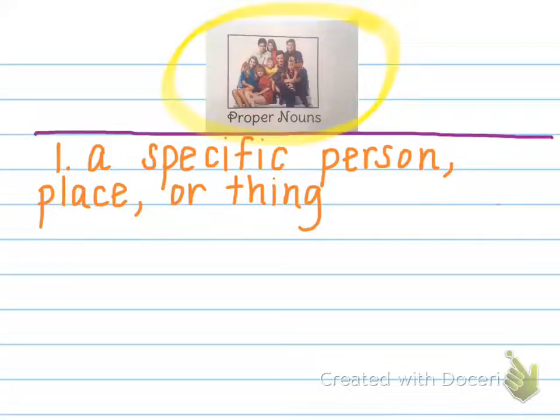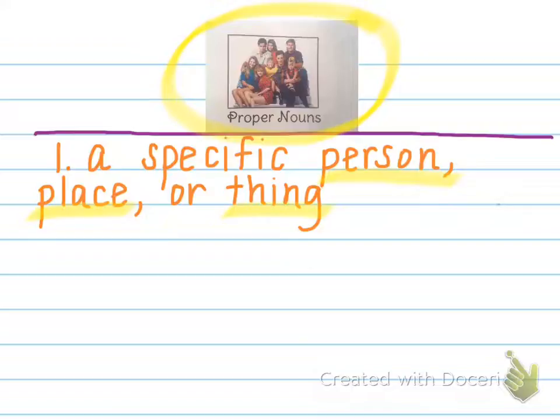Now, when I say a specific person, place, or thing, I mean, as in person, it's not just a girl, it's Stephanie. It's not just a state, it's California. And it's not just a shoe, it's a Converse.